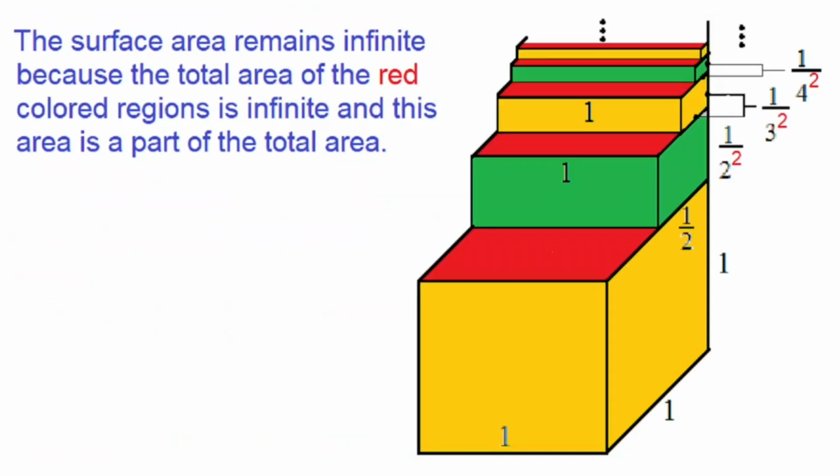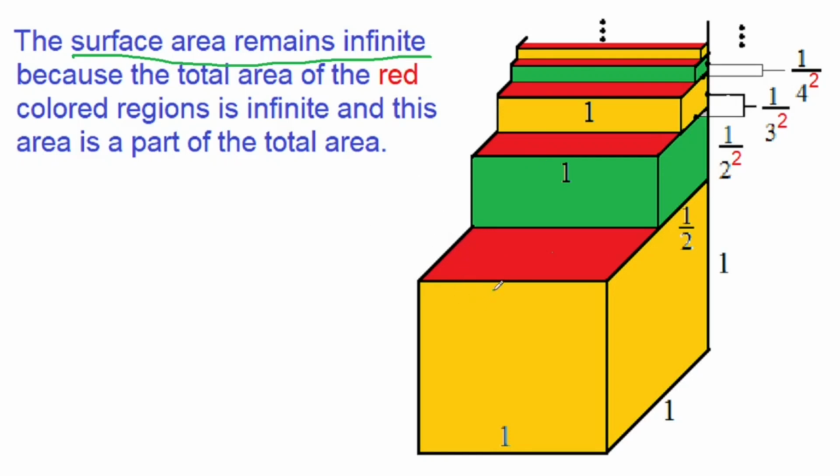Well, not quite. We actually want to show that the surface area remains infinite, and that will be the punchline. In order to figure out the surface area, in this case, for the stack of finite height, all I need to do is to show that the areas of the red colored rectangles add up to an infinite magnitude, and then that means the area of the entire stack must also be infinite.